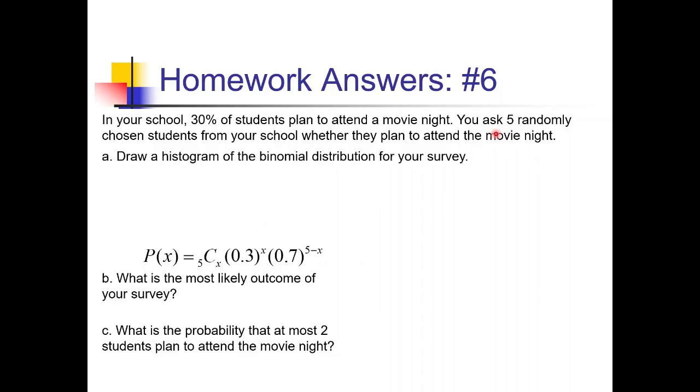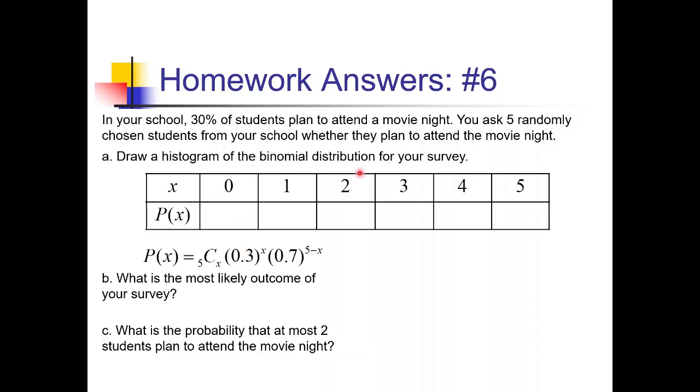And we're asking 5 students, so there's 6 possibilities that we could get. We could get none of them say yes, 5 of them say yes, and anything in between. So 0 through 5 are going to be the values of our random variable that we're plugging in to this formula here. Now let's actually enter this formula in Desmos and calculate all these values.